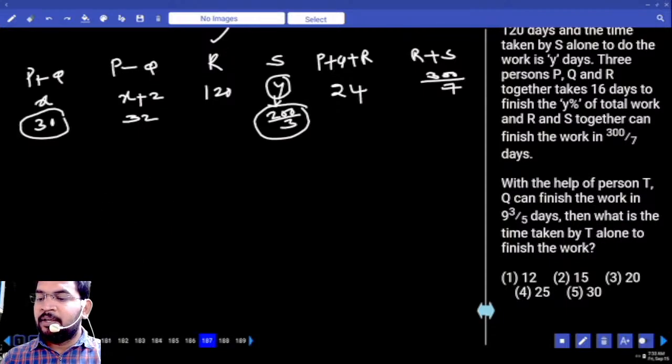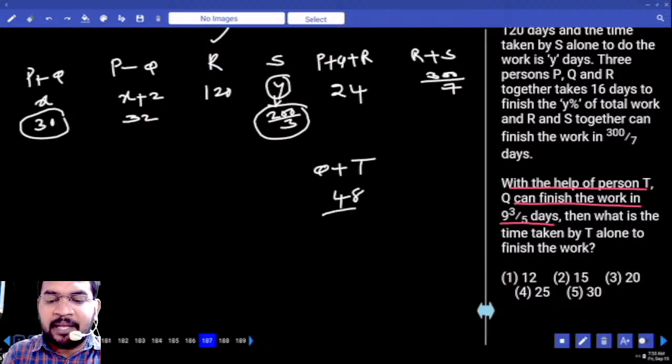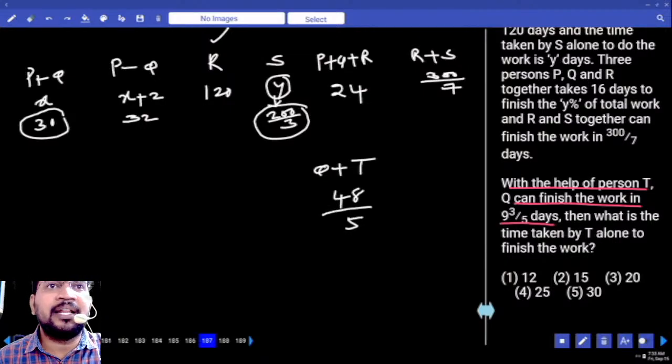Look here. T is a new person. Q can finish the work in 9 by 5 days, so Q plus T together is 9 by 5 days. 9 by 5 days we can write as 48 by 5 days.